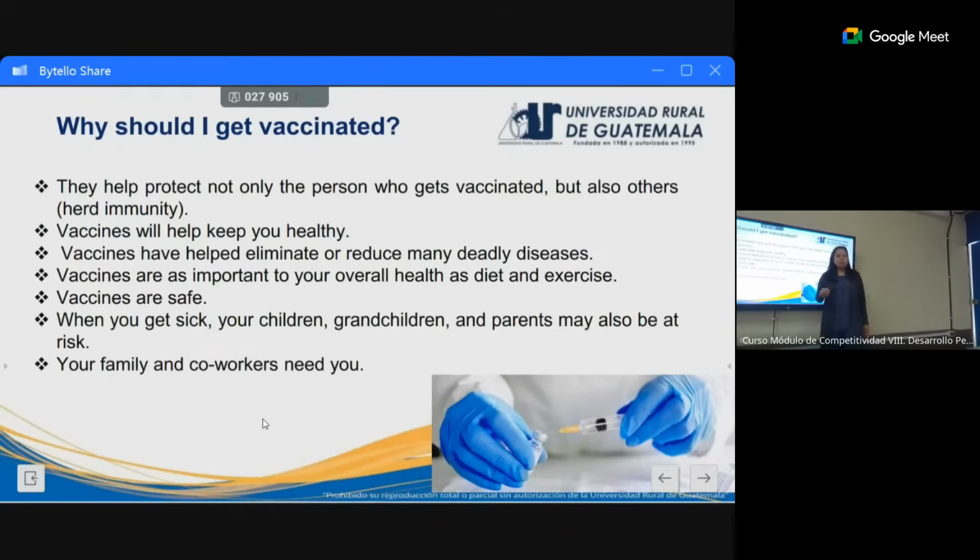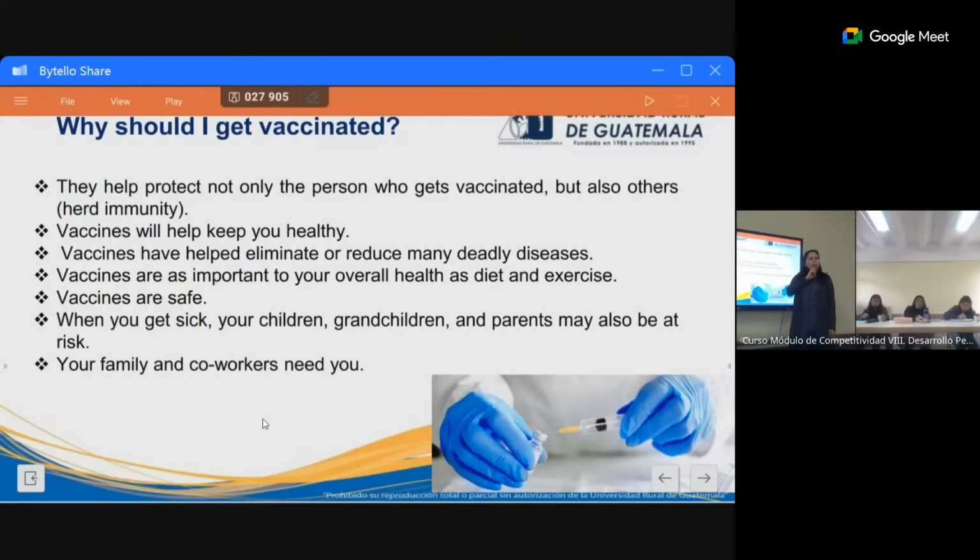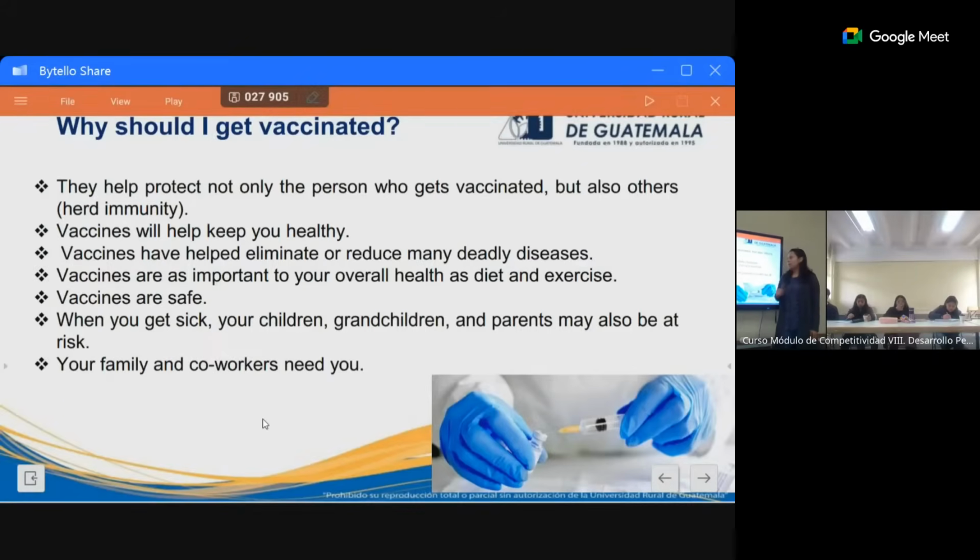So how important it is when preventing all types of diseases. A lot of people don't have access to education or to these types of vaccines. But once they got vaccinated, once they got administered, they stop the deadly diseases. So how important it is for you guys. And they are also important for you, like diet and exercise.